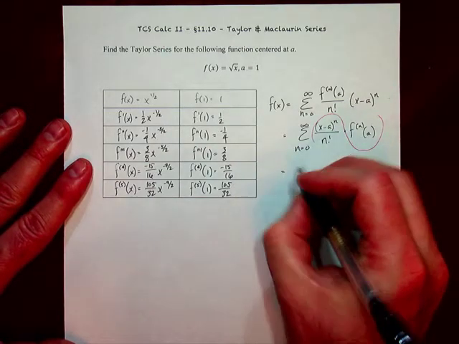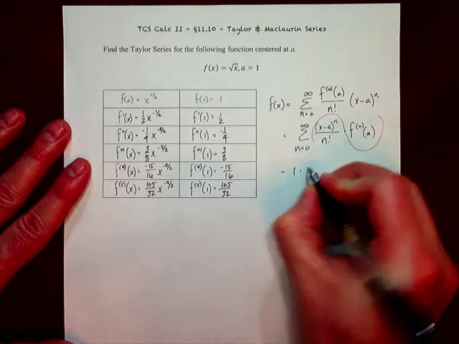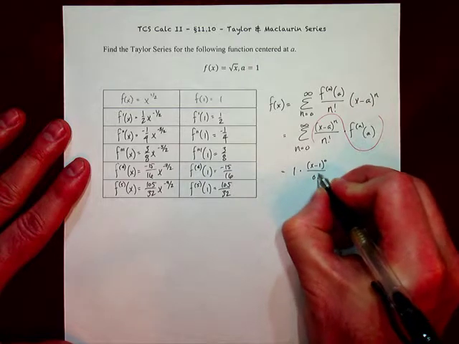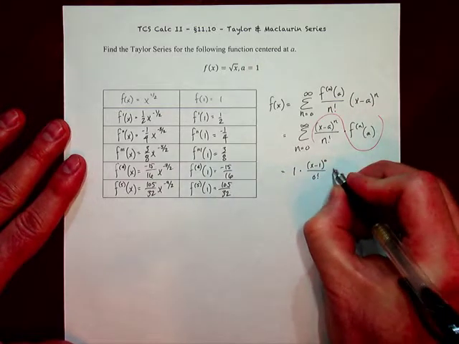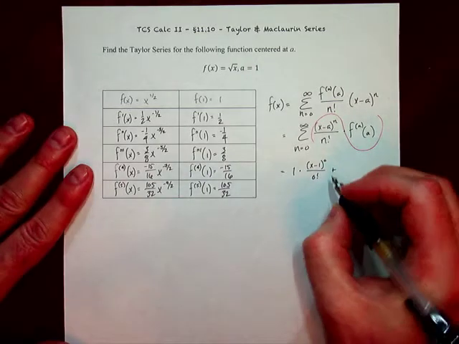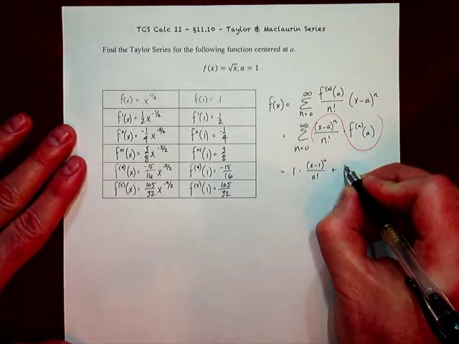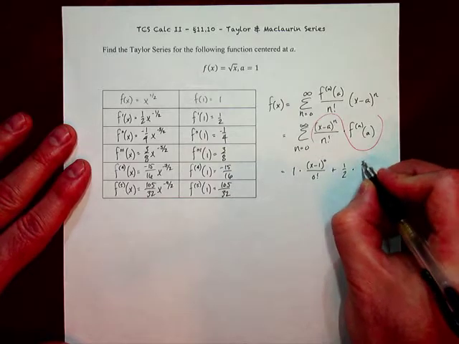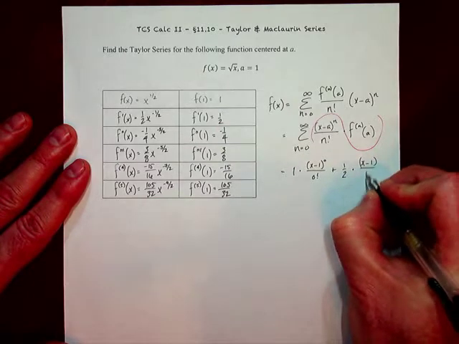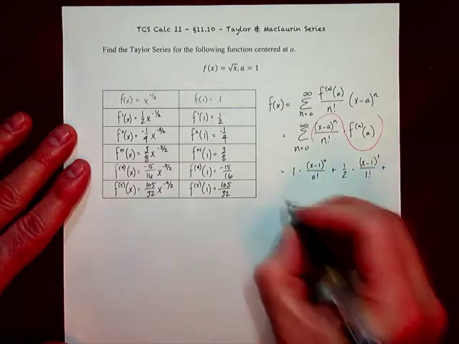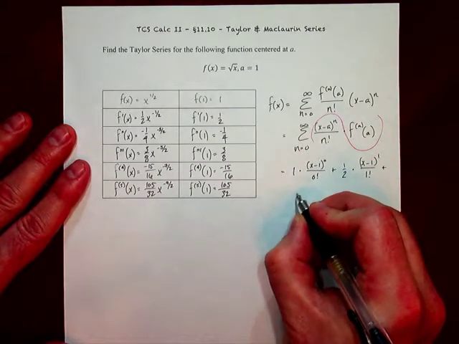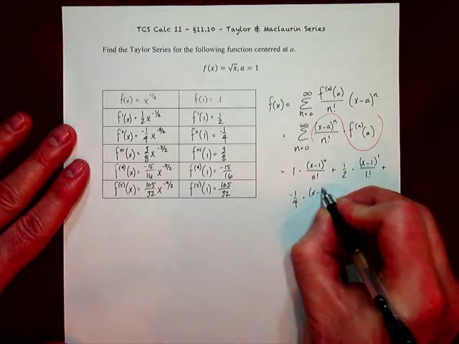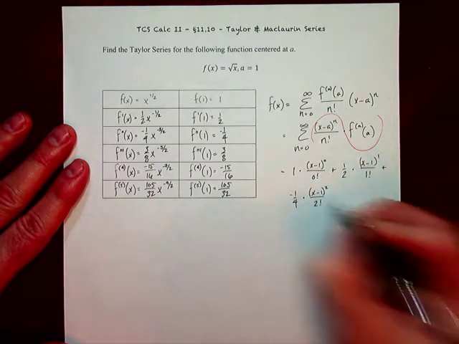So what we really have here is 1 times x minus 1 to the 0 over 0 factorial. You don't actually need to put all of that, but I'm just trying to show you where everything is coming from. So that becomes 1/2, and then x minus 1 over 1 factorial. And then what we have here is negative 1/4 times x minus 1 squared over 2 factorial.